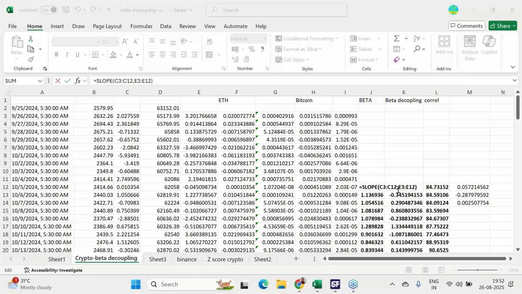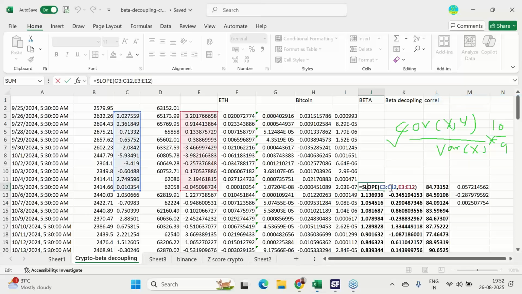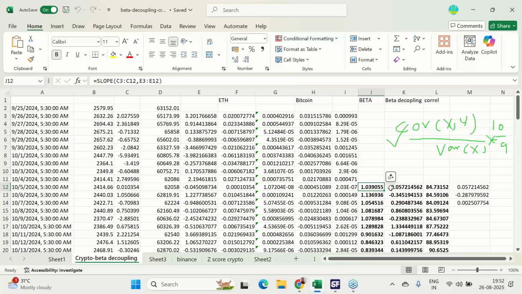If the slope formula is not available in your Excel, you have to use covariance of x and y, where x is Ethereum and y is Bitcoin, divided by variance of x, and multiply it with n divided by n minus 1. Here n is equal to 10, n minus 1 is 9, so 10 divided by 9. Both will give you the same value. So for the 10 days segment, what is the beta?